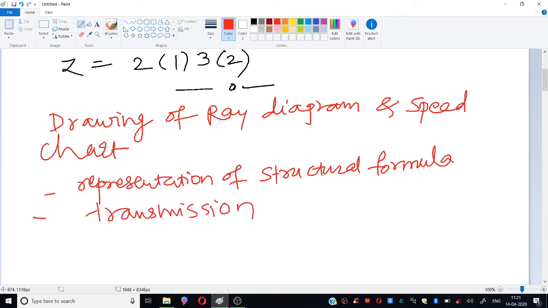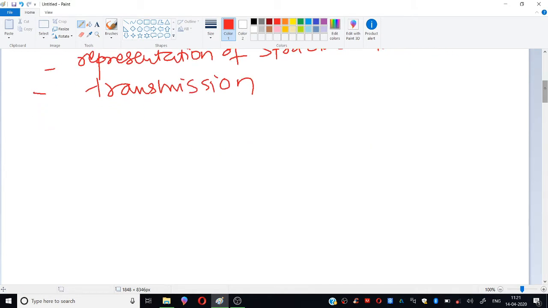Now how to proceed with the ray diagram? For the ray diagram, first we will calculate all the speeds. Now we know that we have the geometric ratio, phi equal to 1.41, already mentioned in the numerical. From that we have calculated the z value, which is 6.